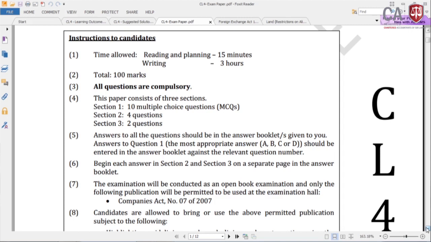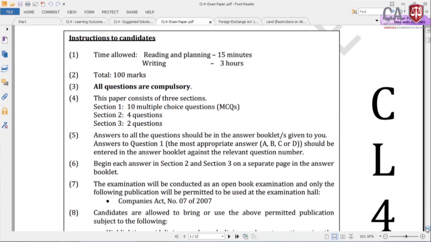And then in the third reading, you must select which question you will take first, second, third, likewise, and then start writing, because for writing you have 3 hours.